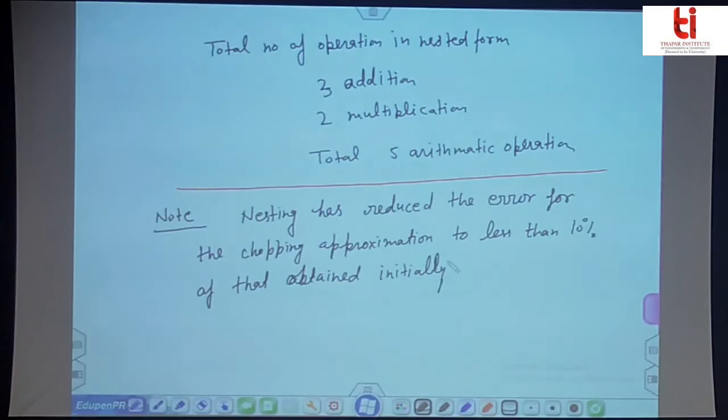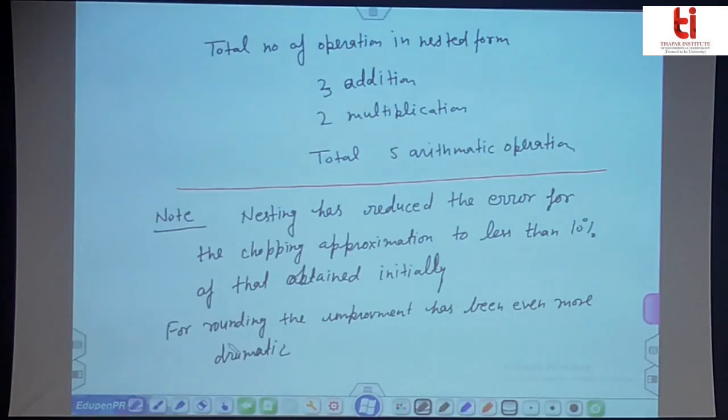Initially means what? Simple function evaluation. For rounding, the improvement has been even more dramatic. If you compare the results, then you can find out the solution.